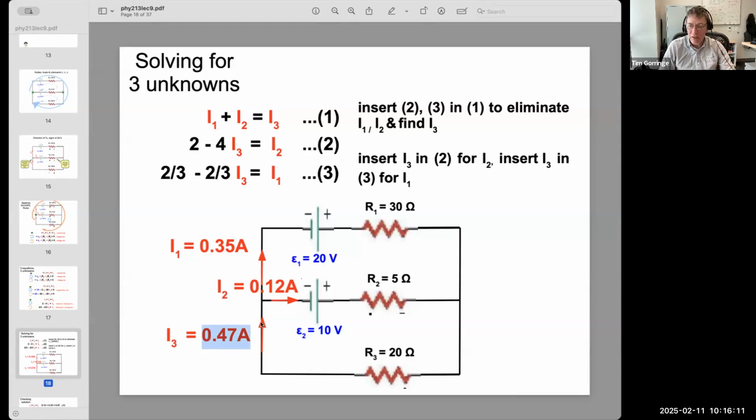I know that there must be at least one going in or one coming out, so I didn't guess them all coming out or all going in, because you're going to get one wrong then at least. But I happened to guess them all right. If I had put I3 to be coming out of this node rather than going into this node, this would have been a negative number, and it would tell me the current's going in the other direction. Any questions on all that?